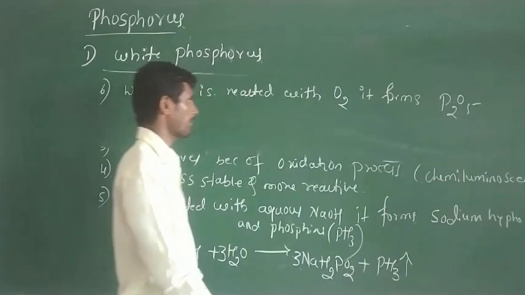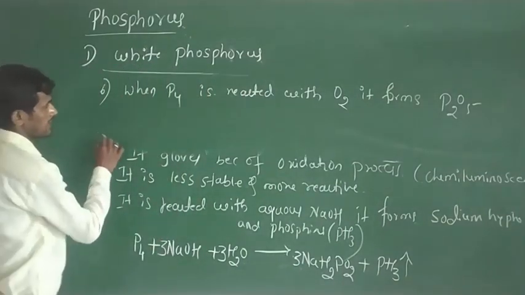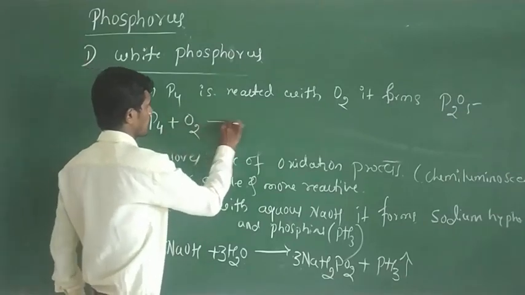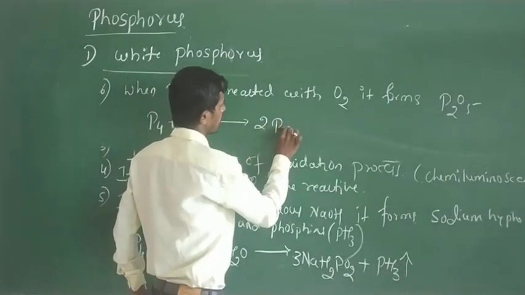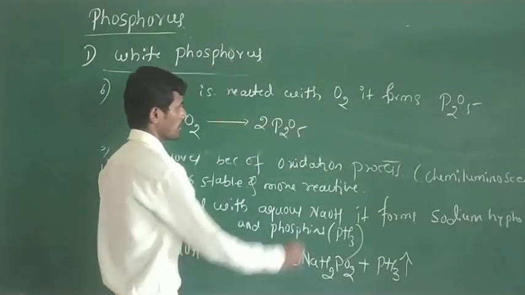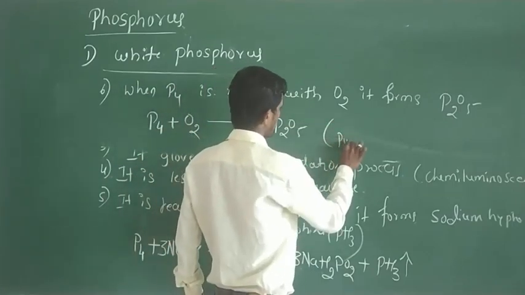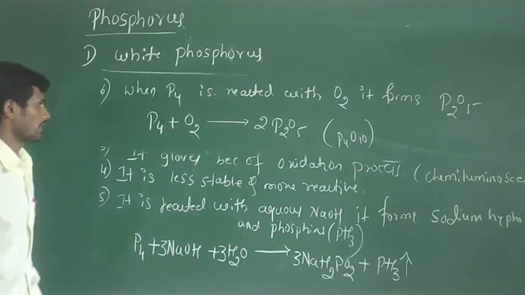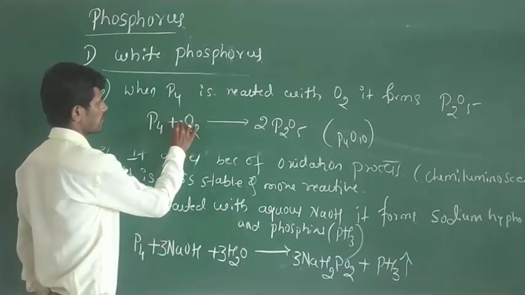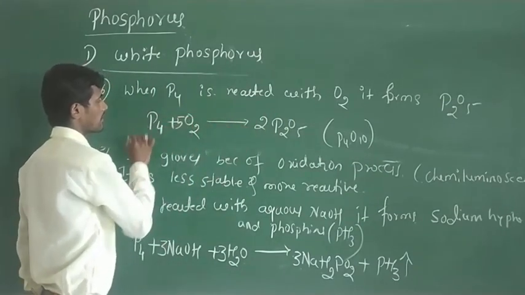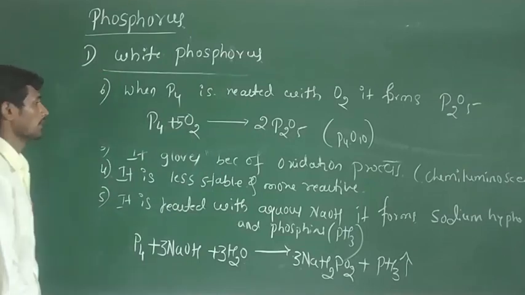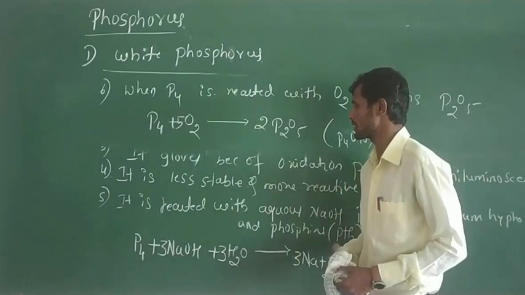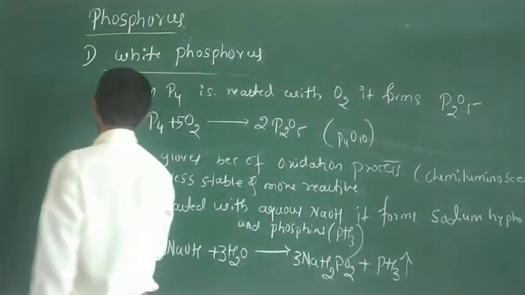Write the reaction like this. When P4 is treated with oxygen, it forms 2 moles of P2O5, or you can also write P4O10. To balance this, I write 5 moles of O2. When white phosphorus reacts with oxygen, it forms phosphorus pentoxide.